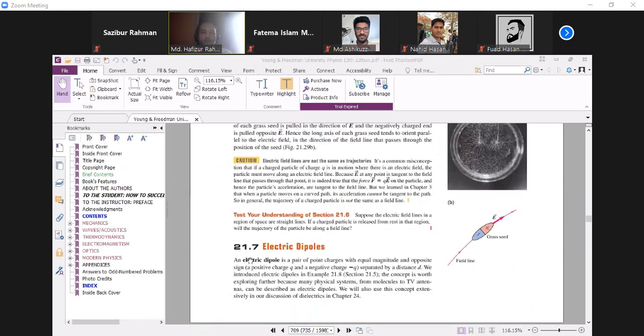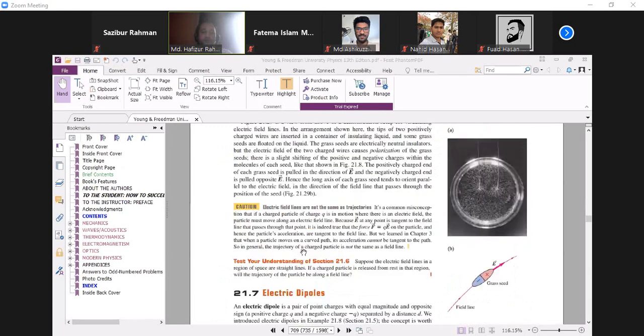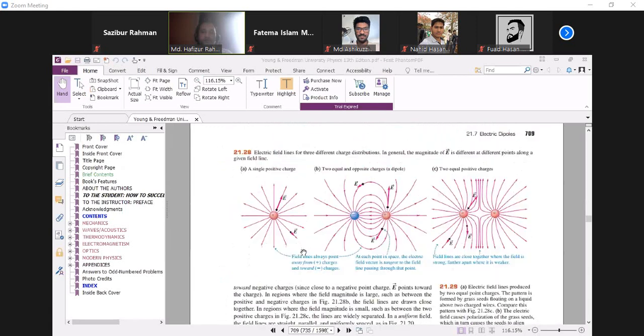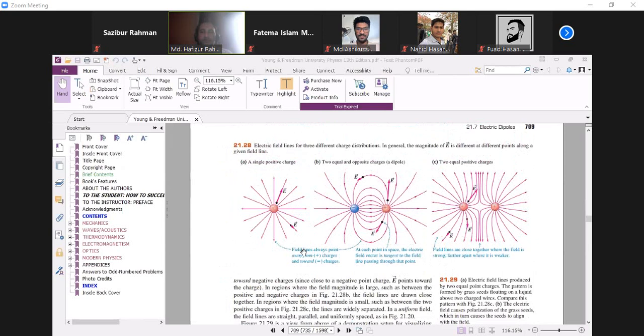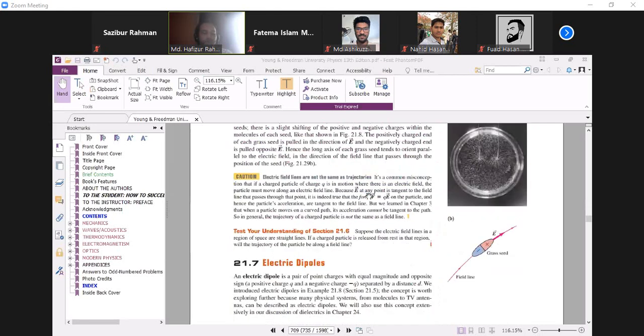This is section 21.7 and page number 709. Today I will just discuss the definition of dipoles, and next class I will derive some equations for a dipole.